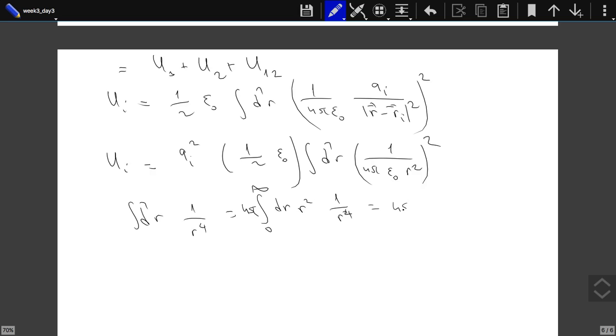This is equal to 4 pi times minus 1 over r from 0 to infinity. This is 4 pi over 0. It's infinite. But nevertheless, it is fine. It is constant. It's an infinite constant. So if the positions of my charges change, this constant does not change.